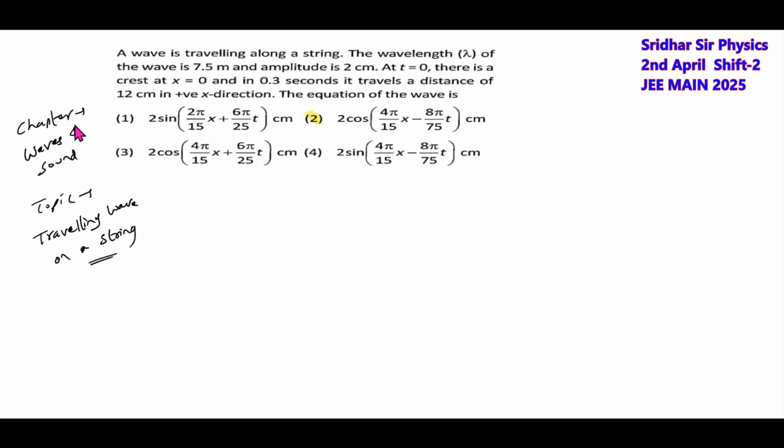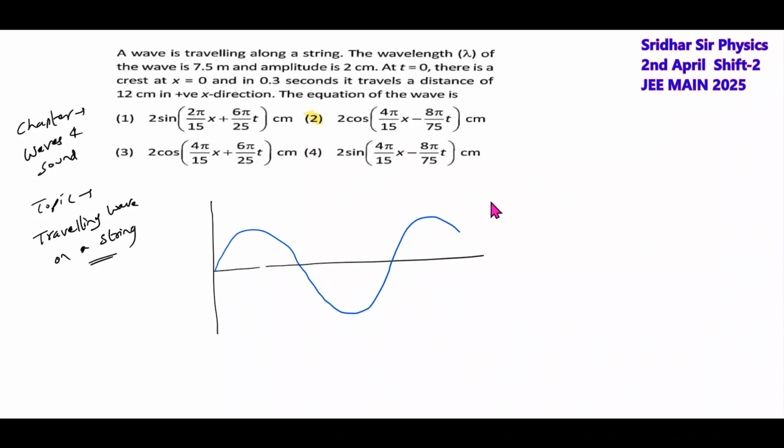This question belongs to the chapter Waves and Sound. The topic is traveling wave on a string. A wave is traveling along a string. The wavelength of the wave is 7.5 meter and amplitude is 2 centimeter. So here we have the basic wave. It travels along this one, and this is a crest.